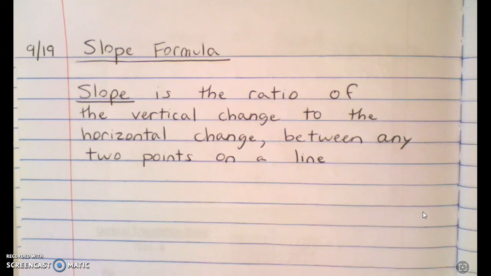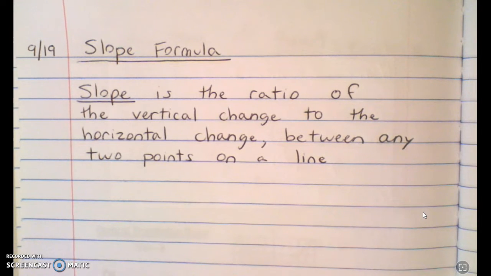So it's the ratio, which means a fraction, a comparison, of the vertical change to the horizontal change between any 2 points on a line.